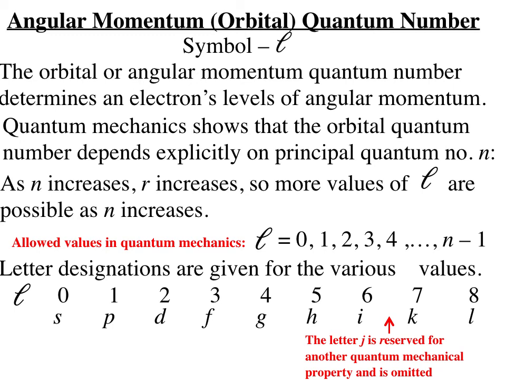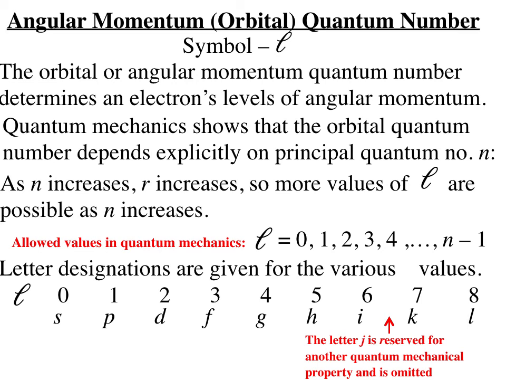So it is only allowed to take integer values, and according to quantum mechanics, it has a relationship to the principal quantum number n. Now, as we talked about in a previous discussion a few slides back, n, the principal quantum number, dictates the energy of the electron, but also dictates, in relation to the energy, how far away the electron is from the nucleus.